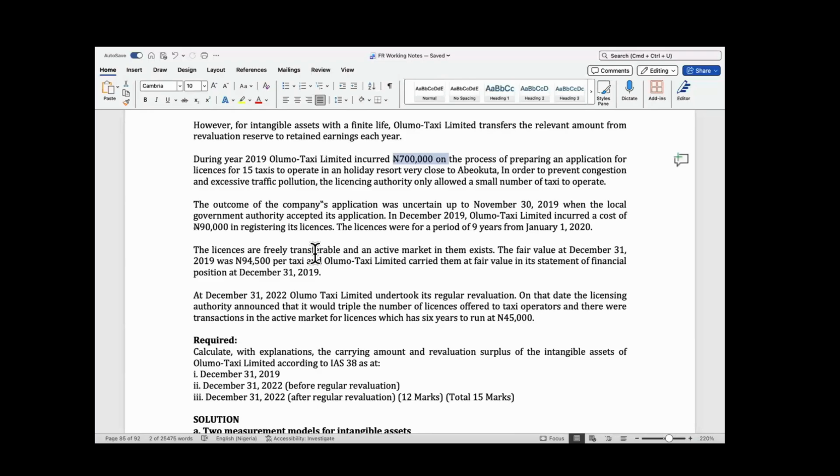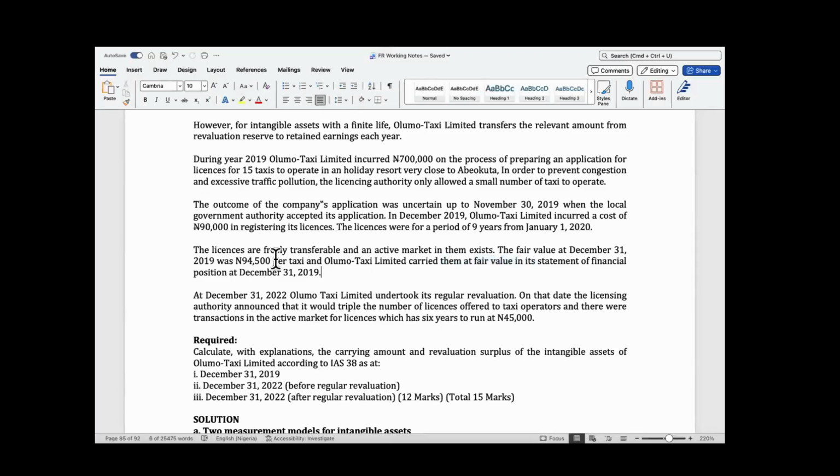Additionally, there is an active market for the license. That is why you can use the evaluation model. If there is no active market, you can't use the evaluation model. So they were able to get the fair value as at that December as 94,500 per taxi, and so he carried it at fair value.